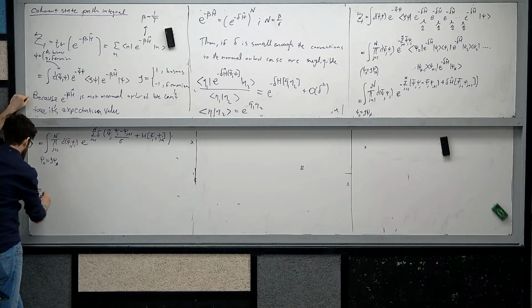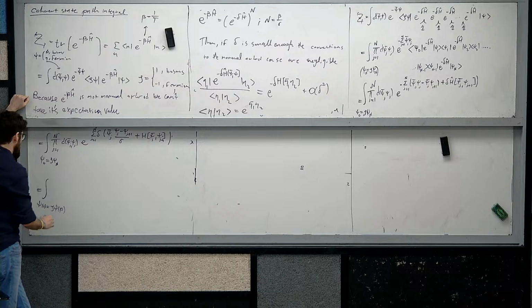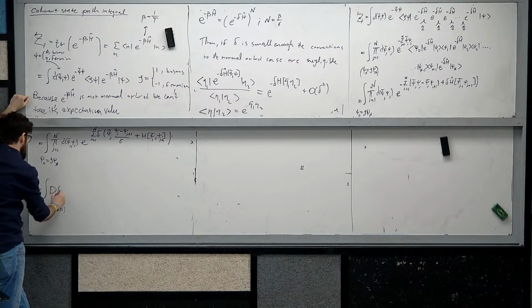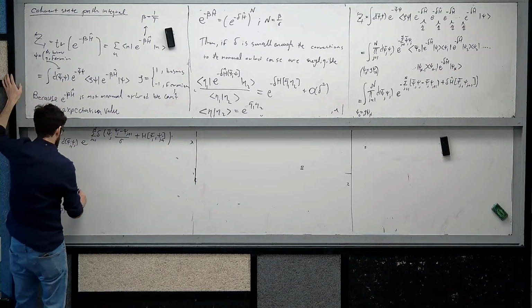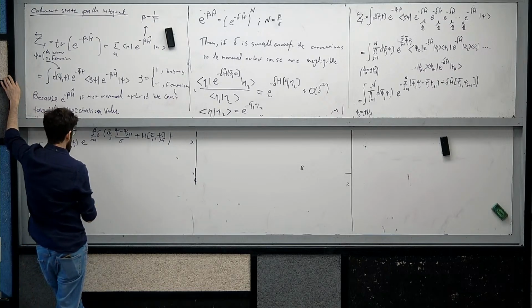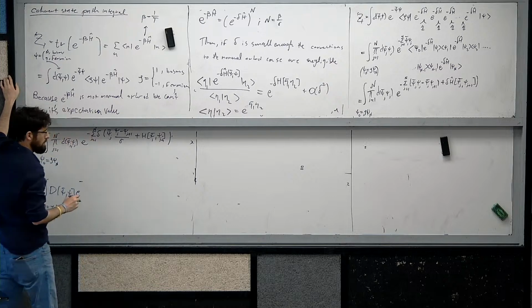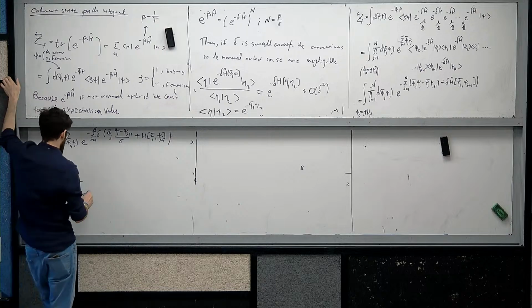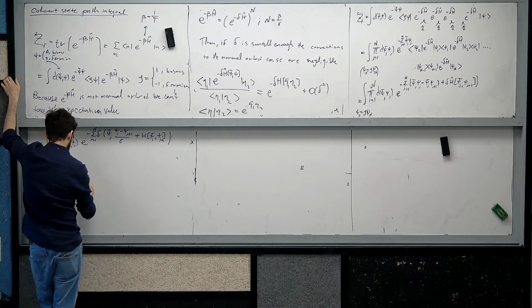So we can write this thing as an integral, where psi of 0 is equal to zeta psi of beta, d psi bar d psi, e to the minus S of psi bar and psi.